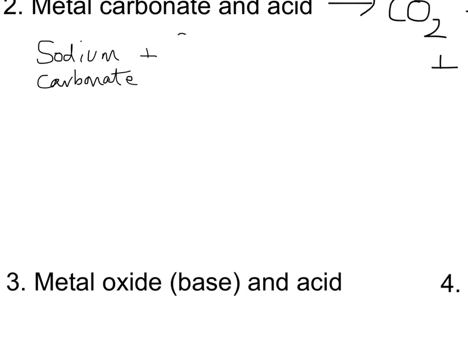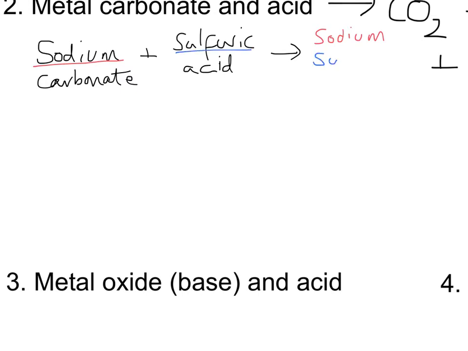If I react that with sulfuric acid, then I get carbon dioxide, water, and the salt, which will be the metal. So it's going to be sodium, and it's going to be the acid, which gives the second part, which is sulfate.